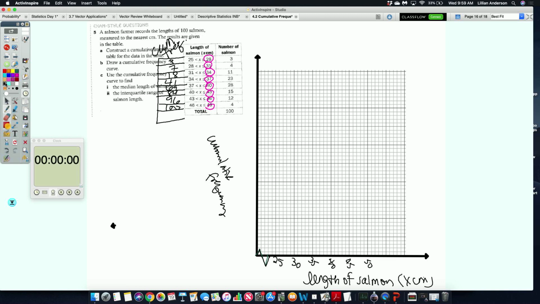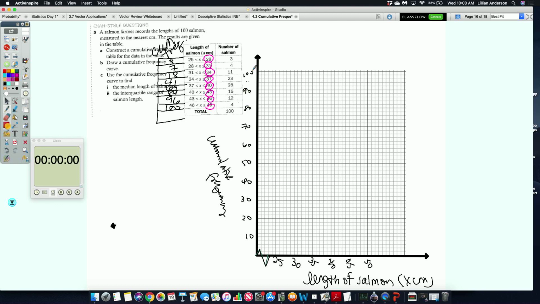And so for me, the way I decided to scale this was I made a break because I couldn't fit all the way up to 50 on the x-axis provided. So I did a break and I started at 25 to make sure everything could fit. And then I have to go up to 100. So I was going to do my y-axis by 10s and make every line by 2, so I could fit up to 100.